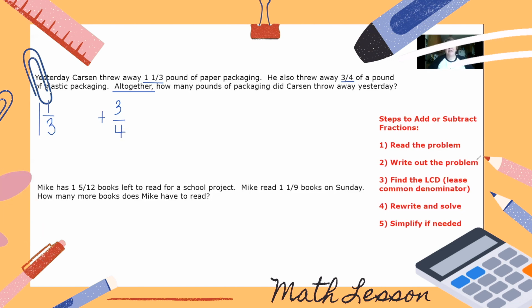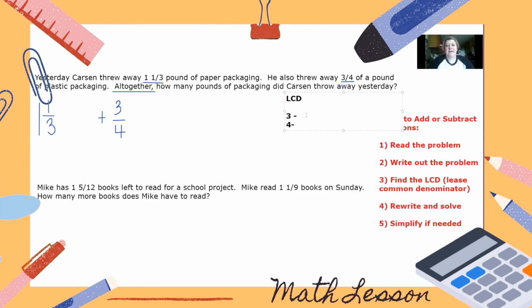Okay. The next thing we're going to do is find the LCD, or the least common denominator. So in that case, we're going to keep a list over here of our least common denominators. The denominators that we are working with are a 3 in 1 1/3 and a 4 in 3/4. So we are going to find the least common denominator of these two numbers.